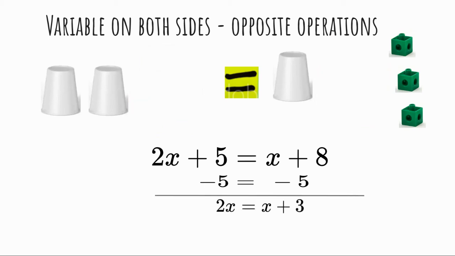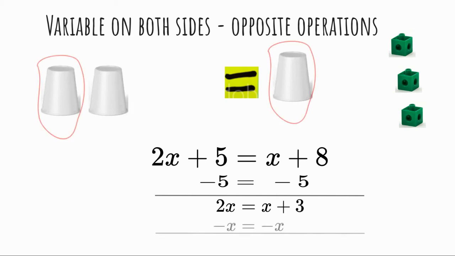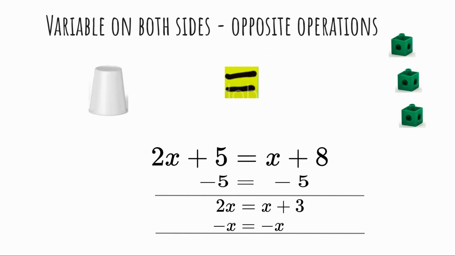And then we also realize that whatever is under the cup is the same value. So we could subtract the cups on both sides and then arrive at our final answer, which is x equals 3. Same story, we gradually simplify these equations to make them easier to solve.